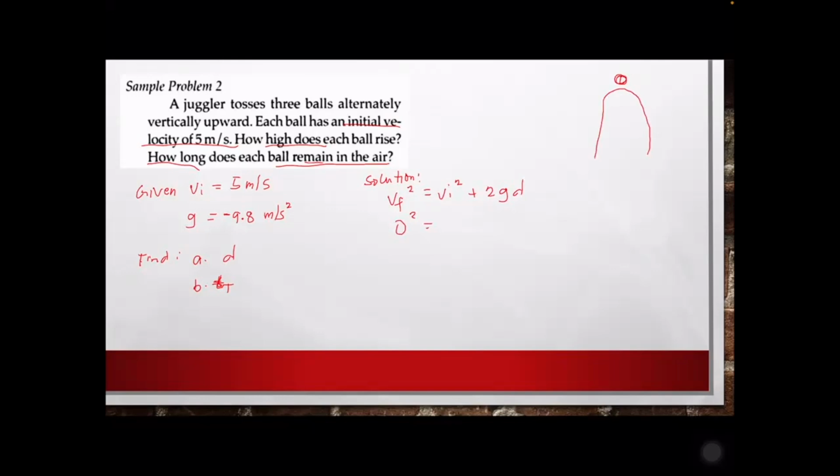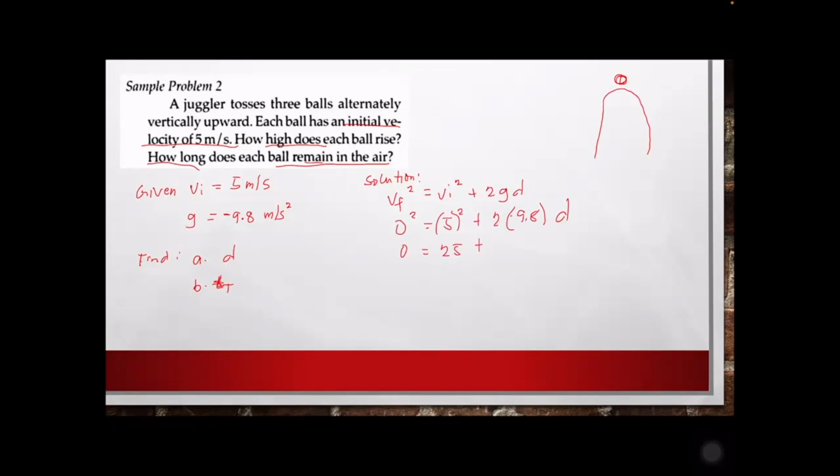Initial is 5 squared, plus 2, the gravity is negative 9.8, and we are finding for d. So, 0 is equal to 25 plus 2 times negative 9.8 d. What is 2 times 9.8?